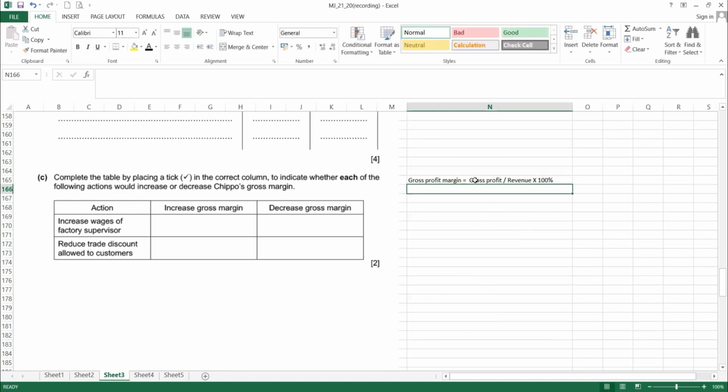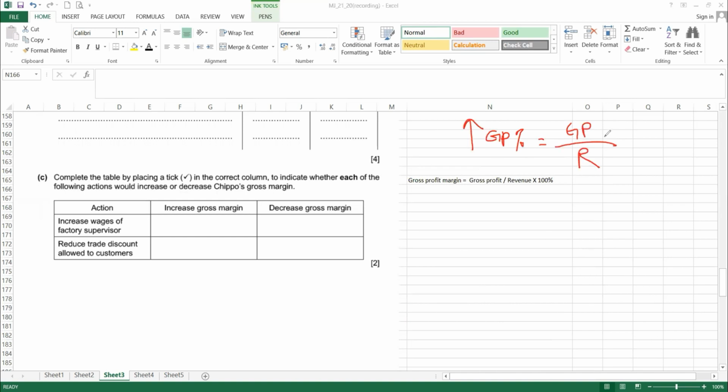So that is the formula. Using the mathematical concept, GP margin equals gross profit over revenue. In order to increase gross profit margin, it sounds like your revenue must decrease.